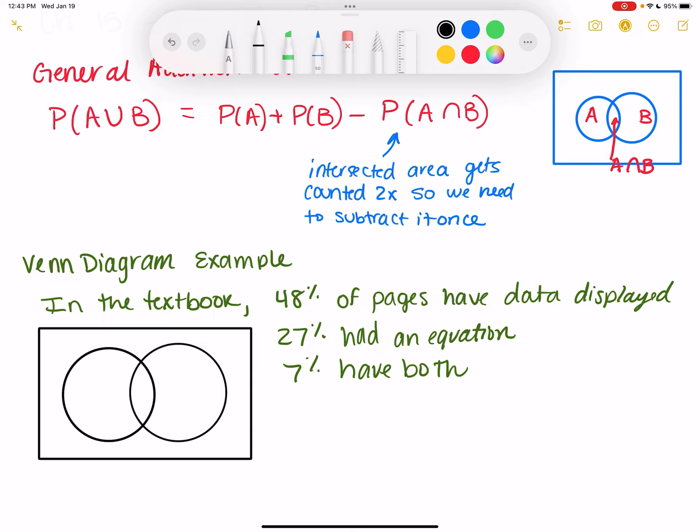Well, I shouldn't say percentages. I told you yesterday that they're not percentages, that they're decimals. I should say from 1, the stuff that's left over, technically. So this area, the box is representing all pages.